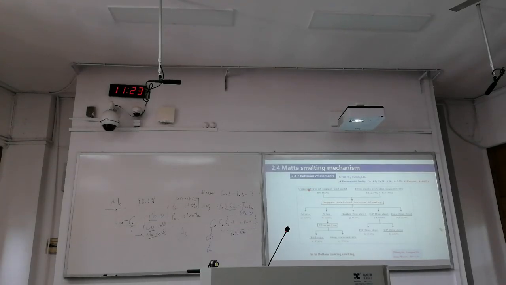As I have mentioned, the behavior of elements will be determined by element and its compound properties, and also technologies. Same story. When we are having copper concentrate with very small copper concentration, this is not only a copper smelter, this is a gold smelter.